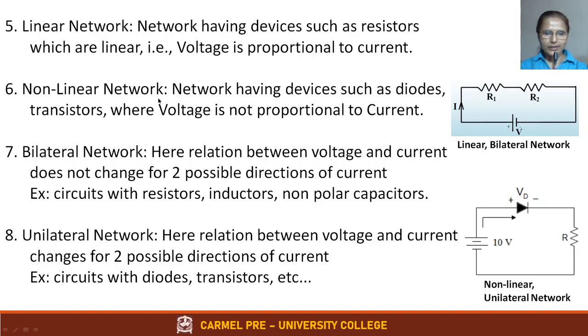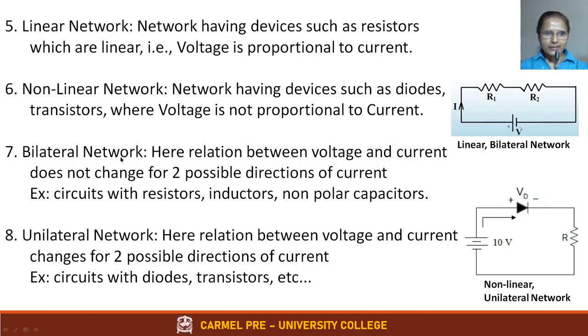A non-linear network has non-linear devices where current is not proportional to voltage. Remember, non-ohmic devices: diodes, transistors, etc. are non-ohmic devices. Such circuits are known as non-linear networks. This is the symbol of a diode. If a diode is there, then it becomes a non-linear network.